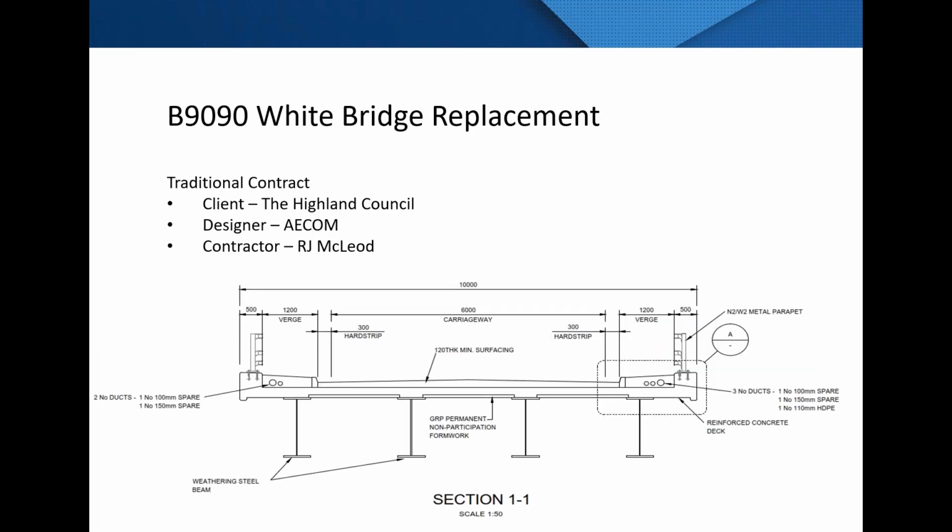So to start with, the White Bridge was a replacement bridge in the north of Scotland. This was commissioned by the Highland Council with AECOM as designer and RJ McLeod as the contractor for the project. The bridge is 10 meters wide, and supports a single carriageway road. The main reason the bridge was needed was as a replacement for an existing single arch bridge.